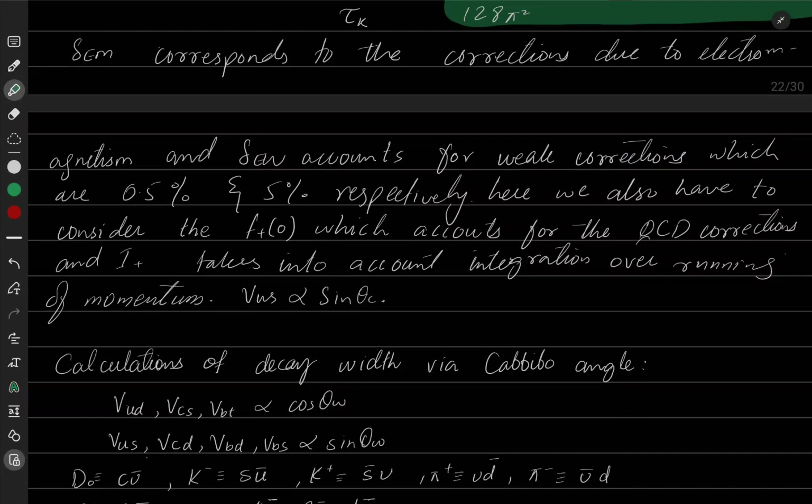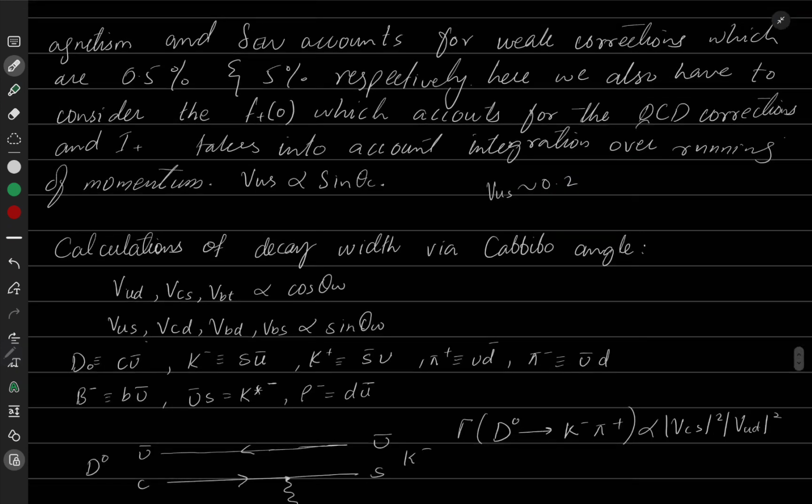Actually also VUS, as I showed you earlier, is around 0.2 something. Maybe I'll show you the exact value, or you can see it on Google or somewhere else.